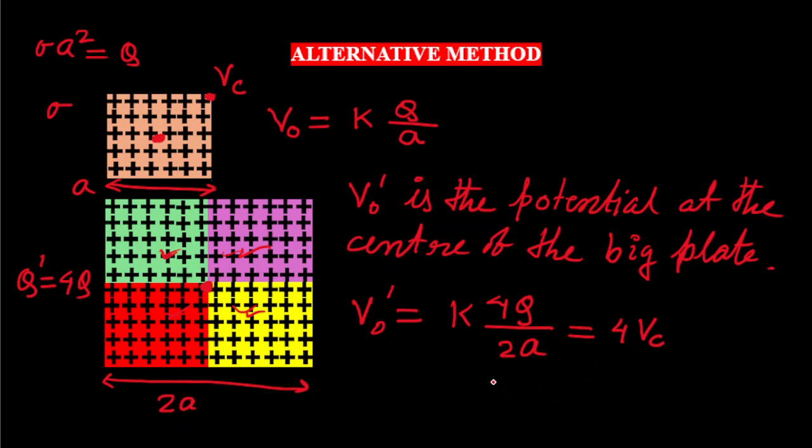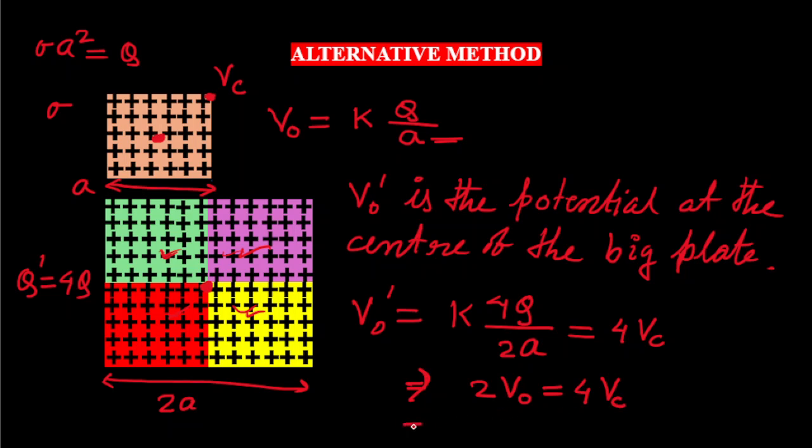Vc. And then from this definition, if we replace K capital Q divided by small a by V0, that is the potential at the center of the small plate, what will we get? We will get 2 times V0, the potential at the center of the small plate, equals 4 times the potential at one of its corners.